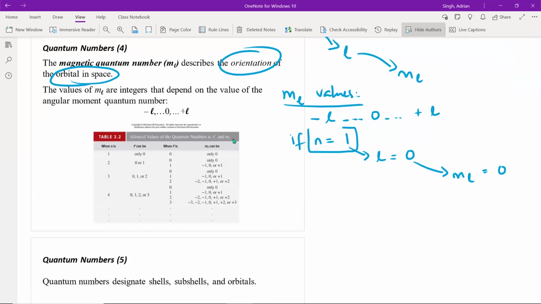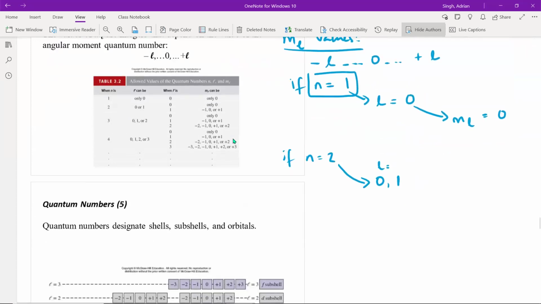But what about if n equals 2? Well then our l values go from 0 to n minus 1. So we have 0, and 2 minus 1 is 1, so we have 2 values for l. And of those 2 values, we have 2 sets of m sub l values. So for l equals 0, the m sub l value can be 0. That's the only option.